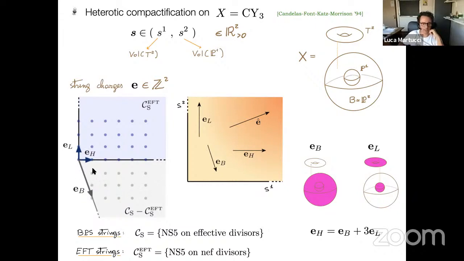So take, for instance, this divisor here, which corresponds to this vector here, and then, as I said, the corresponding axionic flow will be given by a straight line generated by this vector.